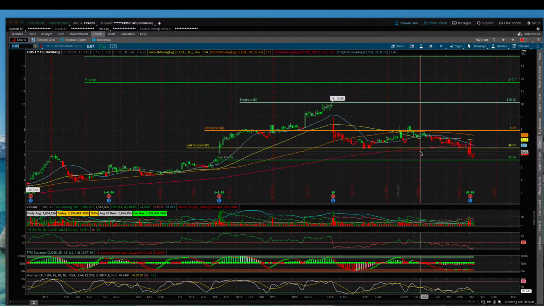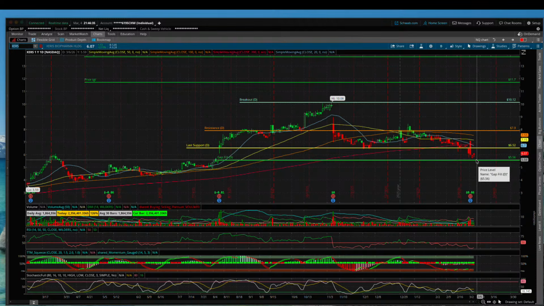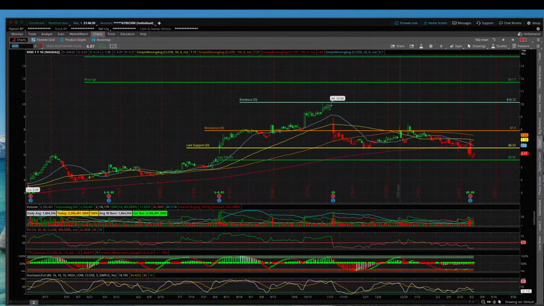So these are always a gamble. I don't suggest ever investing in these. Gap fill at 556. Otherwise, I wouldn't touch this or look at it again.